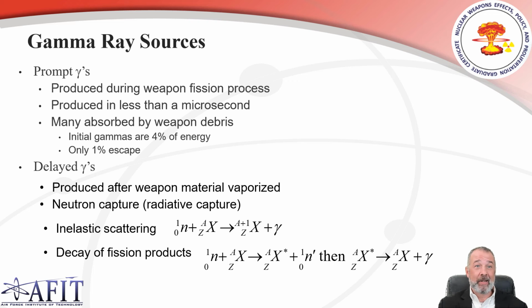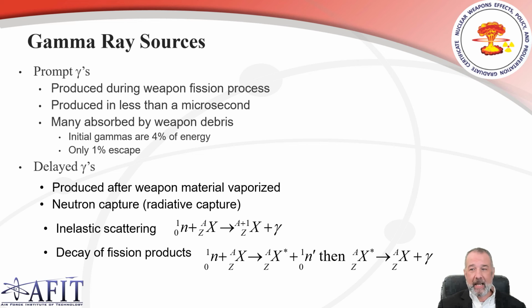The other thing that can happen is a neutron can get slurped up, deposit some of its energy in the nucleus that just ate it, and then get spit back out. This is called inelastic scattering. Basically a neutron comes in, becomes part of the nucleus, and then leaves again, but some of its energy has been retained by the nucleus in the form of excitation, which it then gets rid of by emitting a gamma ray.